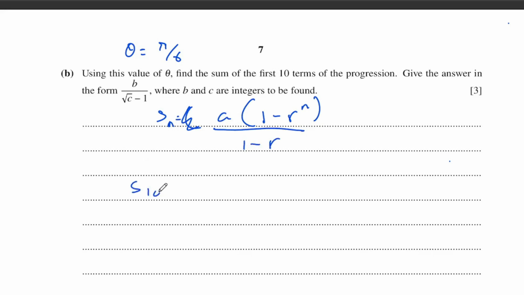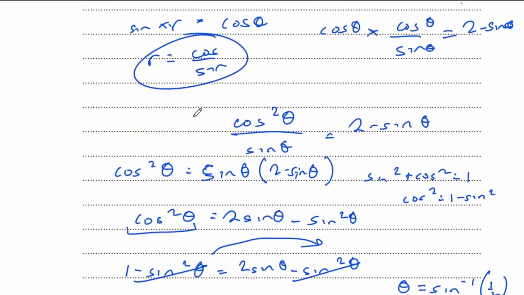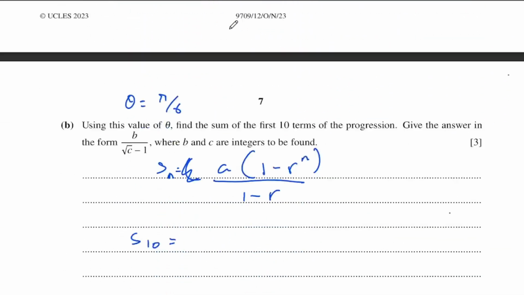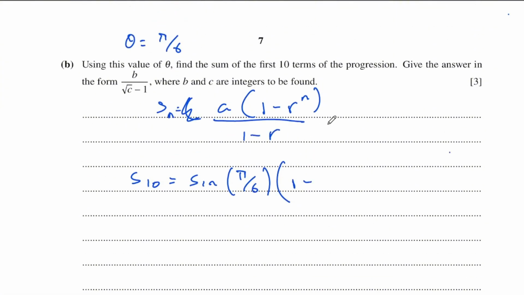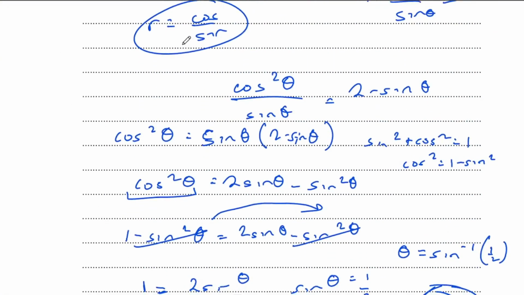And so S10 would just be a, which was the first term, and the first term here was sine theta. So sine of pi over 6, and then times 1 minus r, which was cos theta over sine theta.